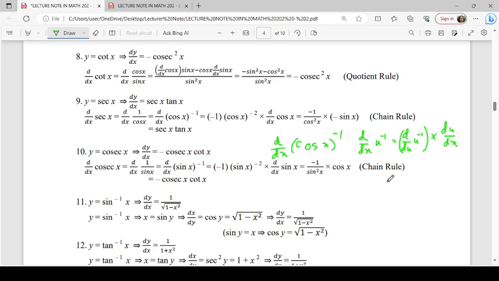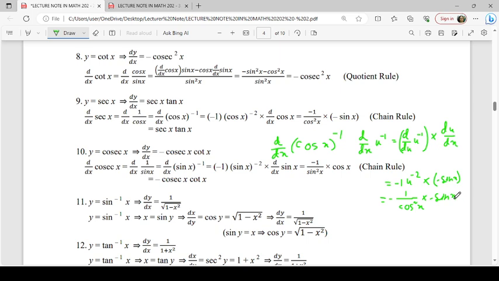And now this is minus 1, using the x to the power n formula, it is minus u to the power minus 2 into du/dx. u is cos x, and the derivative of cos x is minus sin x, so it is minus 1 by u square. So u square means cos square x into minus sin x.